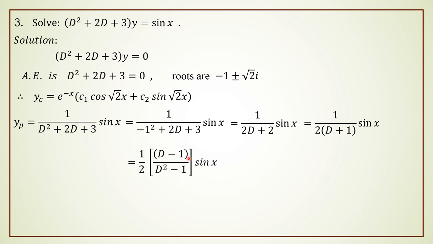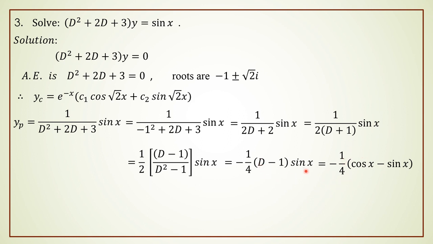So you have D minus 1 divided by D square minus 1 acting on sin x. But what does the rule say? D square is replaced by minus a square. The value of a over here is 1, so I replace D square by minus 1 square, which is minus 1, minus 1, that is minus 2 into 2. So it is minus 4. So you have minus 1 by 4 into D minus 1 acting on sin x.